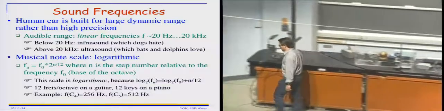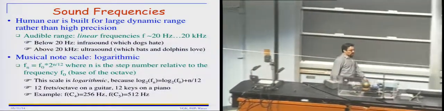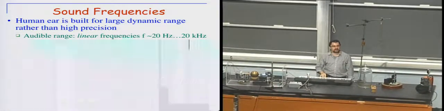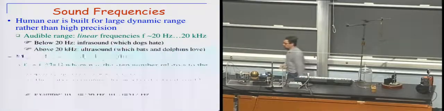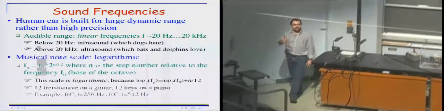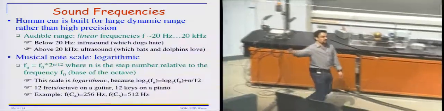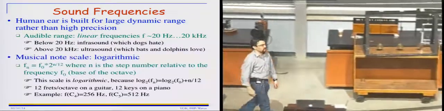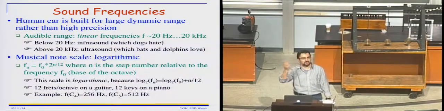If you are musically inclined, you know about octaves. We can play sounds. We subdivide each octave, each factor of 2 in frequency, into a range of 12 intervals. Each of them is specified by a particular note, A, B, C, D, etc., until G. That's 7, and then sharps or flats beyond that.